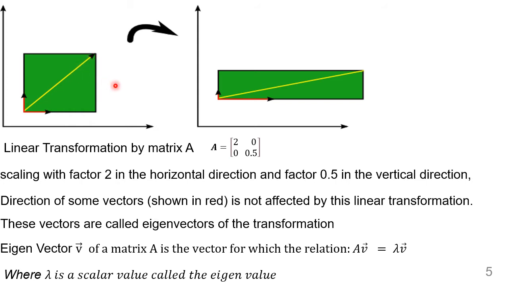You can observe here that after the transformation, its magnitude as well as direction are changed, and these are not called eigenvectors. An eigenvector V of a matrix A is a vector for which the relationship AV equals lambda V holds. Here lambda is known as the eigenvalue and it is a scalar quantity.